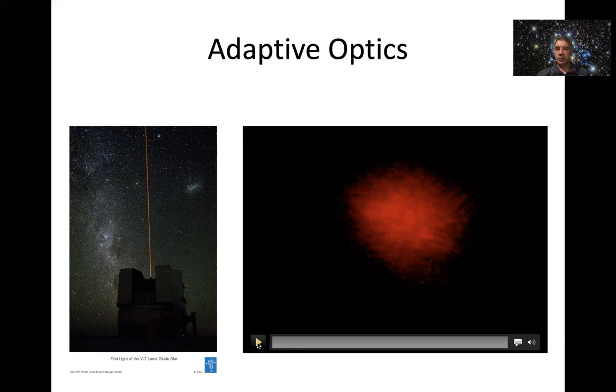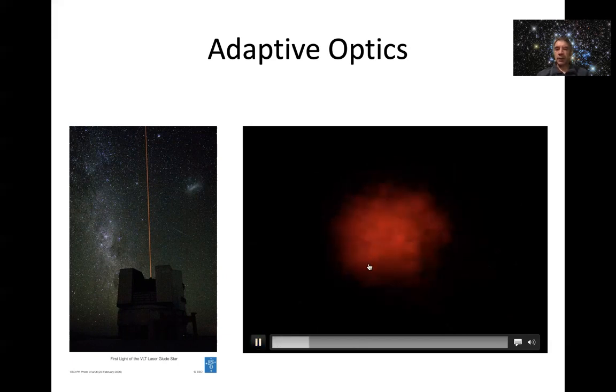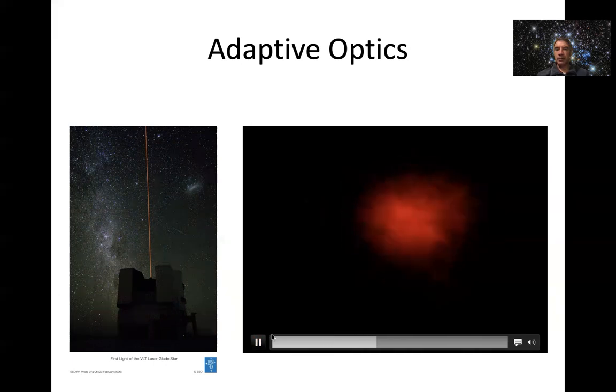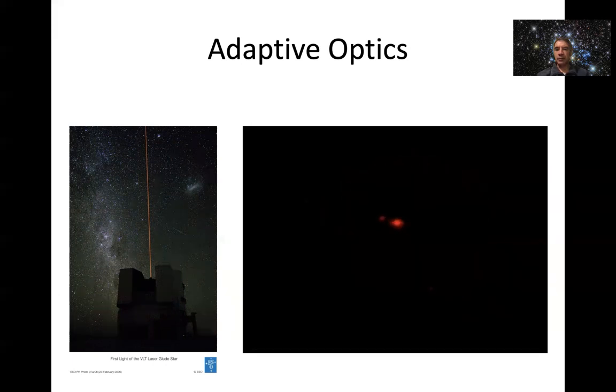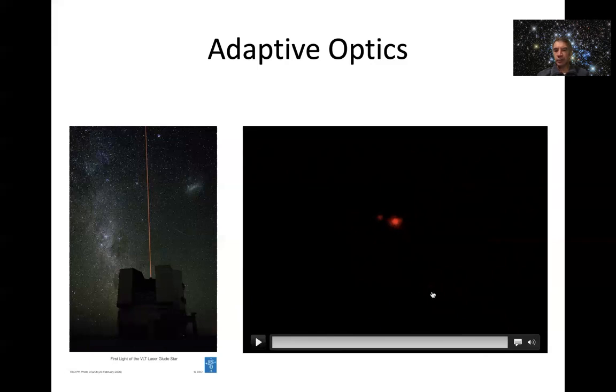So this little movie here illustrates this. Again, this is optical. This is what a typical image of a star would look like if you really zoomed into it, just normally without any of the technology. And you'll see what happens in a moment. It's moving around because of the atmosphere effect, and then the adaptive optics system comes on, and you can see that, in fact, there were two, there's even three stars.